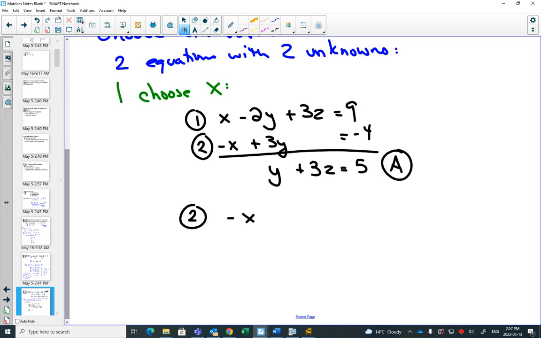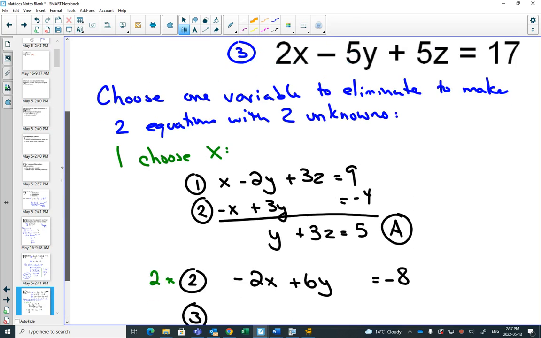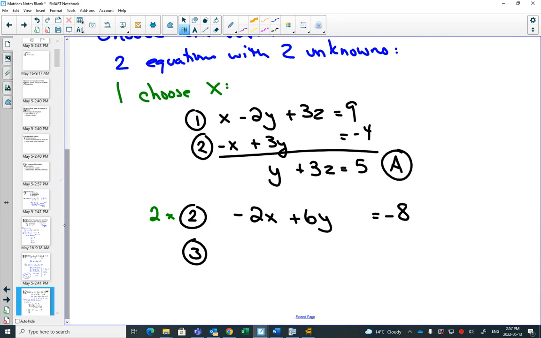Equation 2 was negative x plus 3y equals negative 4. Actually, I'm going to take equation 2 and right away multiply it by 2. Can you see that that would give me negative 2x plus 6y equals negative 8? And then equation 3, 2x minus 5y plus 5z is equal to 17.